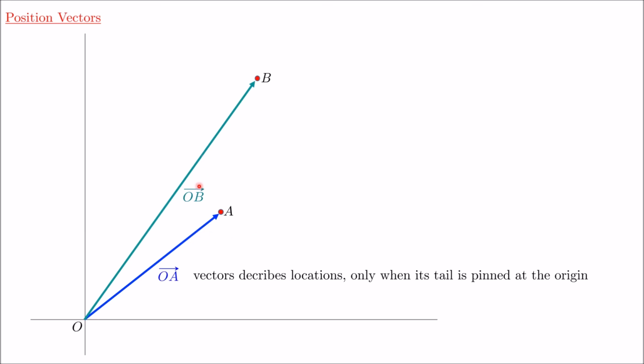So right now I could move these two vectors off. I can move this blue vector to here. I can do things like vector sum and so on. It's just that if you want to use vectors to describe locations, you have to pin the tails of all the vectors down into the origin, like so.